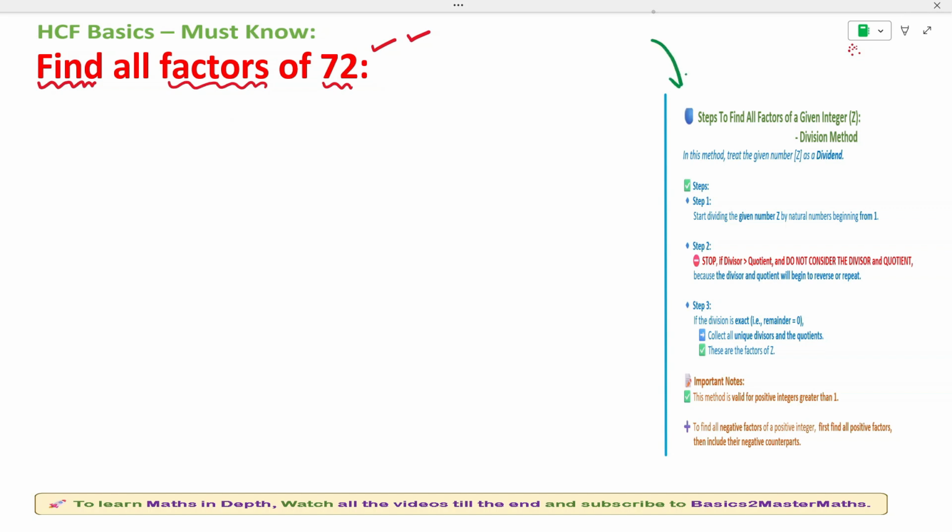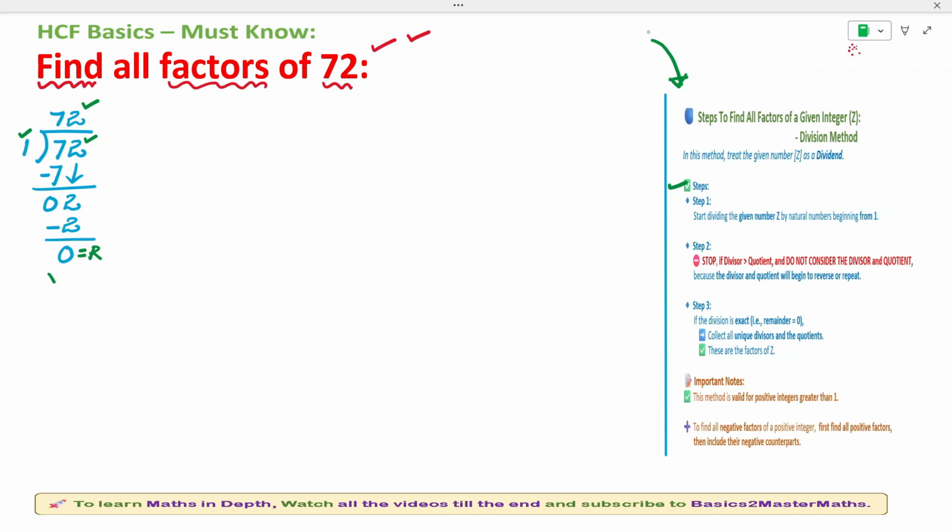Before solving the problem, please go through the below steps. Step 1. Start dividing 72 by the natural numbers beginning from 1. When we divide 72 by 1, we get 72 as the quotient and 0 as the remainder.